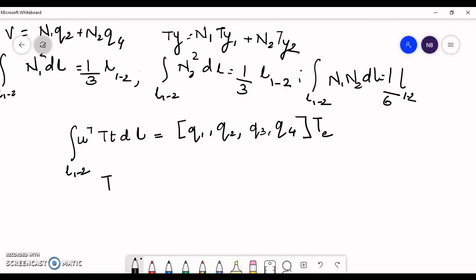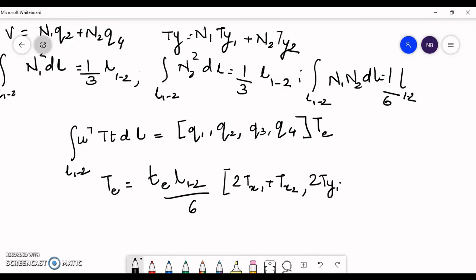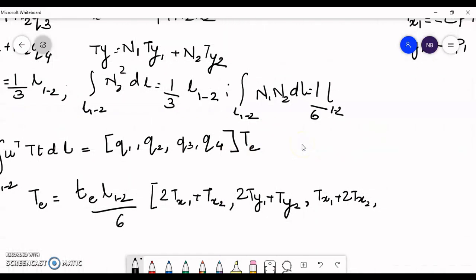Okay, so Te is given by the thickness of the element into the length upon 6, times 2Tx1 plus Tx2, 2Ty1 plus Ty2, Tx1 plus 2Tx2 and Ty1 plus 2Ty2, transpose.